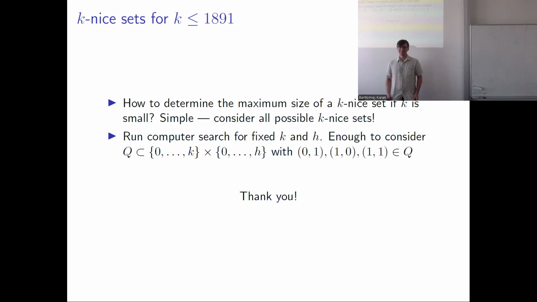There is something clever about it. Definitely, there are way too many points, especially if I take k equal to 1891, and I multiply it by the square root of 2k or something, which is still around 60. Then I get a bunch of points, and I would like to consider all k-nice sets that sit there.